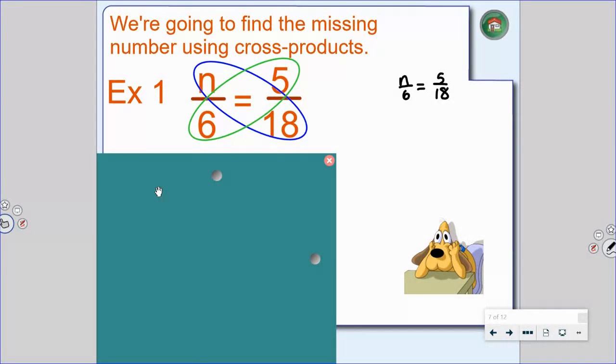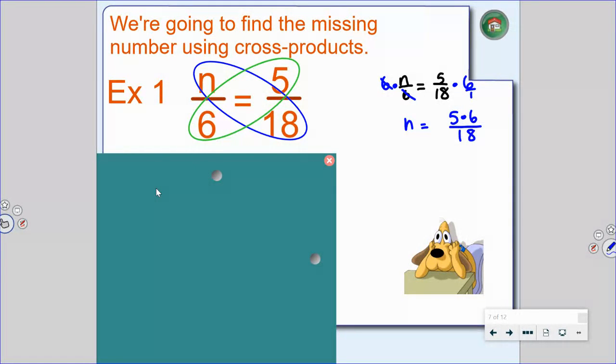So let's say we want to get rid of the divided by 6. Well, to get rid of a divide by 6, we can multiply both sides by 6. And that leaves us with n is equal to 5 times 6, because that's 6 over 1, all over 18.